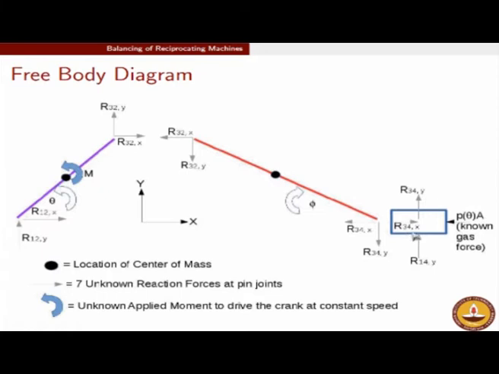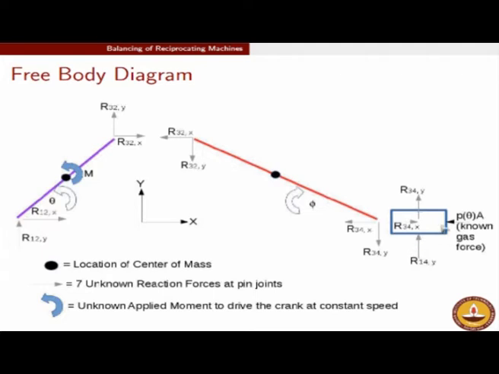R34 denotes the force from 3, the connecting rod, to 4, the piston. When I say comma x, I mean along the direction of x. Similarly, comma y means along the direction of y.